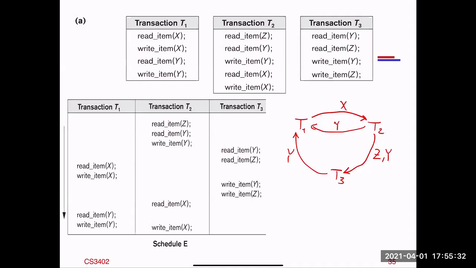So we need to look at all the operations, right? For each operation that accesses any item, I need to check whether there's any conflict in the subsequent operations that show up in the schedule. And if there is, then I need to add an edge for that. But of course, there's only a conflict if the operation is accessing the same item, okay?